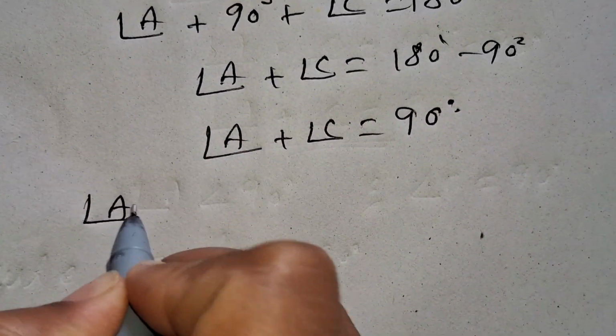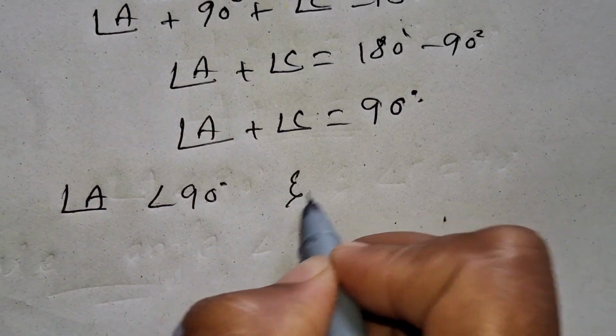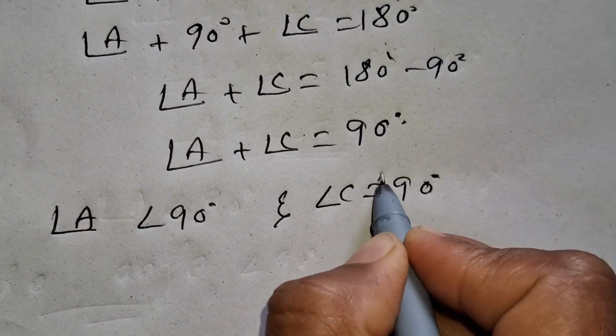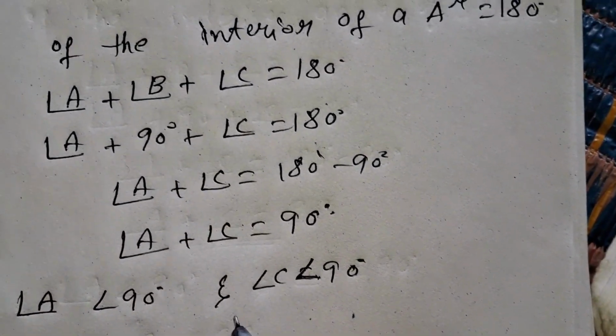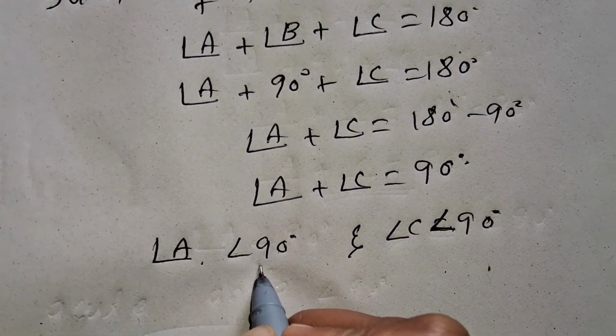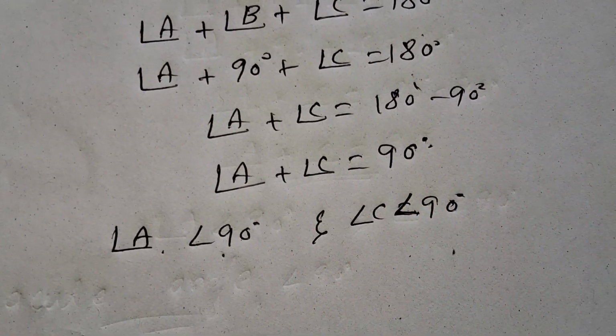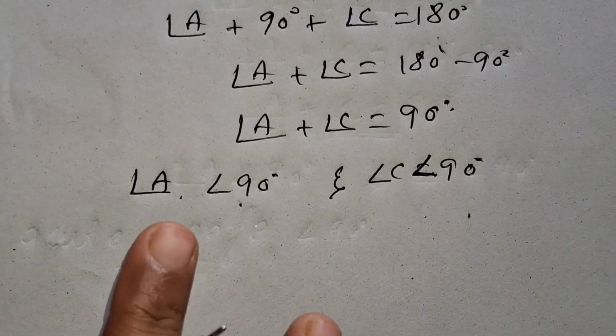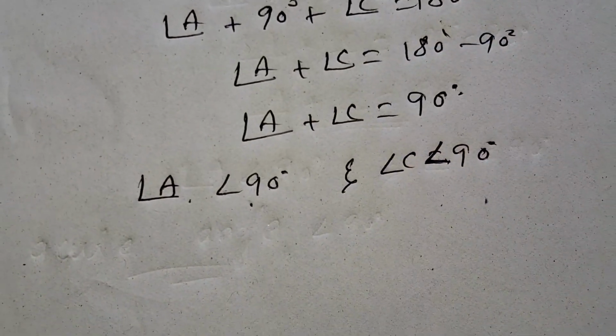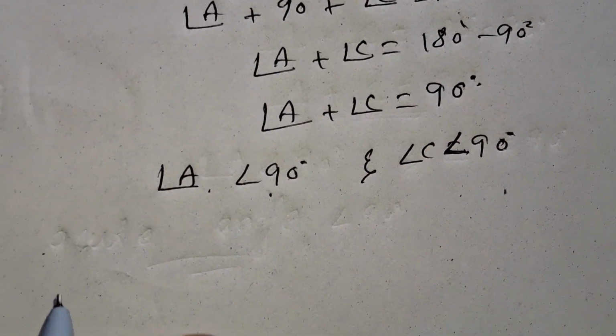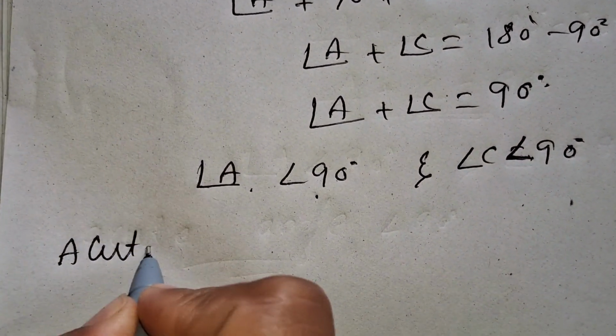So we can write that angle A is less than 90 degrees and angle C is also less than 90 degrees. Any angle less than 90 degrees is called an acute angle.